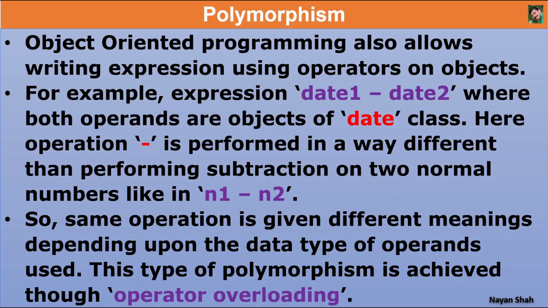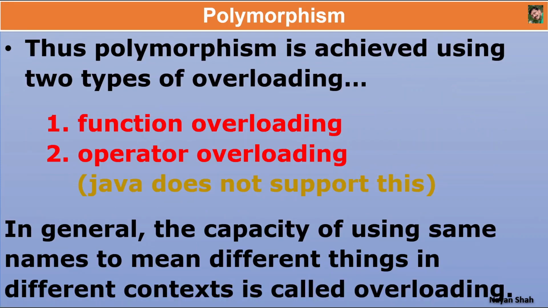This type of polymorphism is achieved through operator overloading. When a single operator is used for two different purposes, it is called operator overloading. But remember, Java does not support operator overloading. Java does support method overloading, but Java does not support operator overloading.